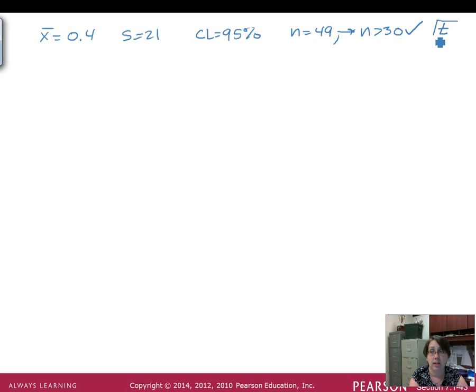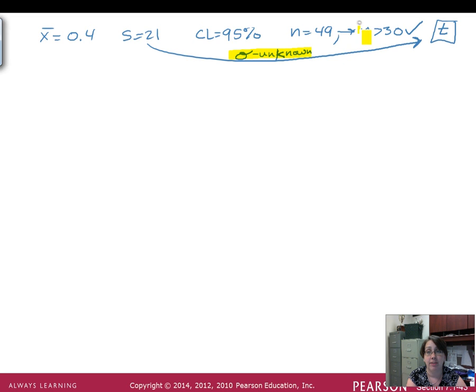Now we're using t because sigma is unknown. I'm trying to make this as clear as I can. Sigma has to be unknown to use t, and we have to have either normal or n greater than 30. If we have those requirements satisfied, then we're good to go.